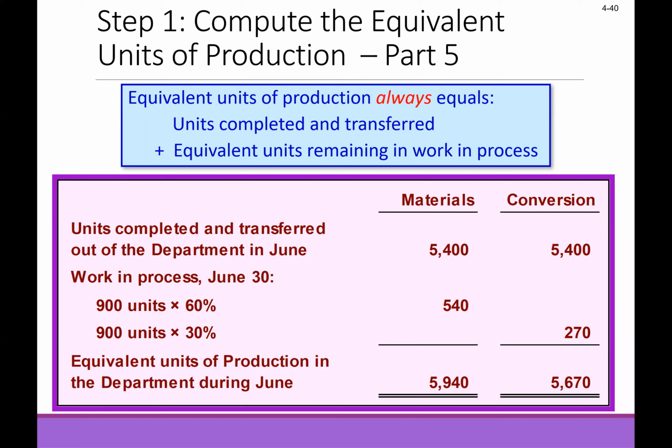So you see what we did here was we took what was totally transferred out because that's 100% done. And then at the end of the month, the equivalent units sitting in work in process at the end of the period. And then we come up with the equivalent units of production that happened in the department during June.